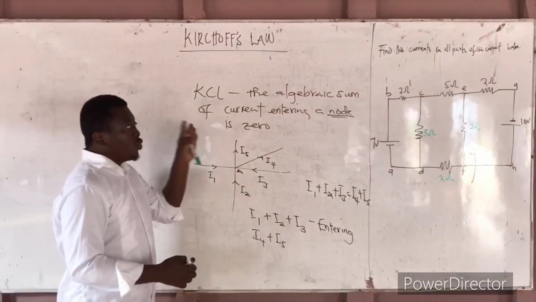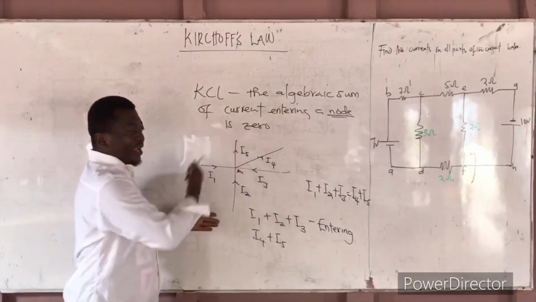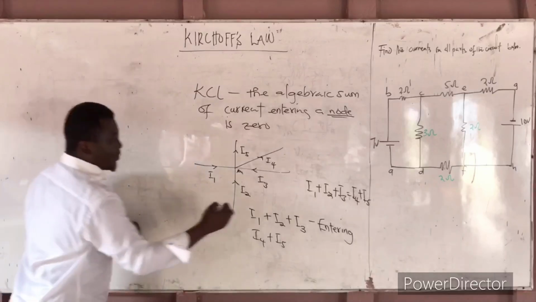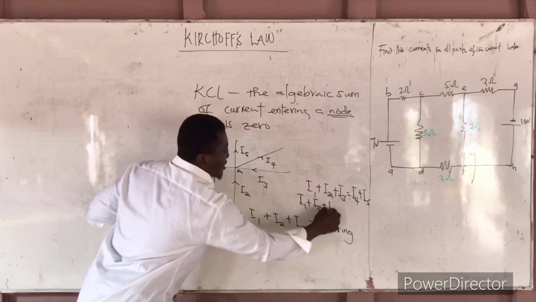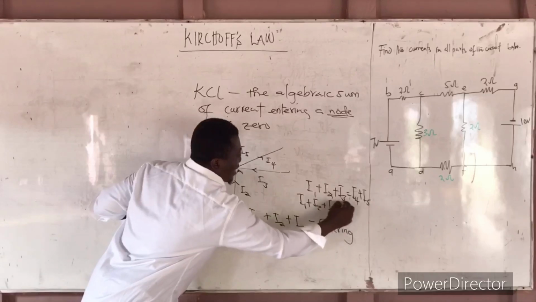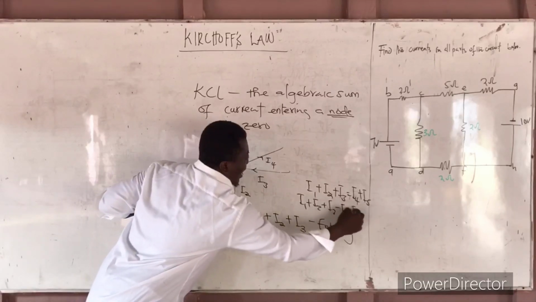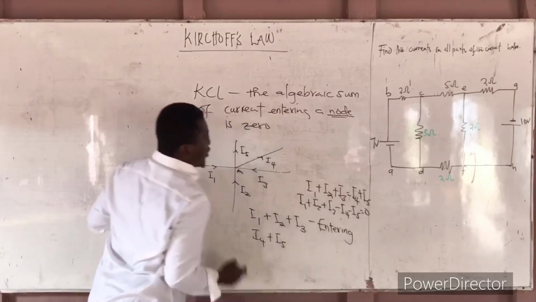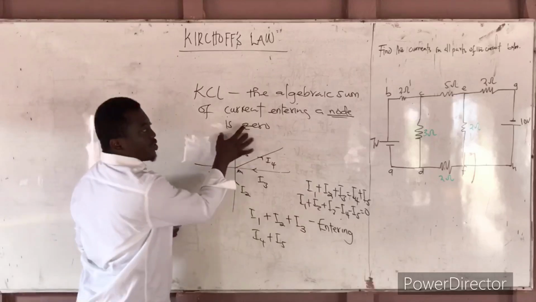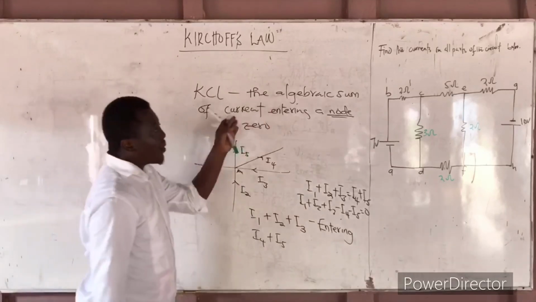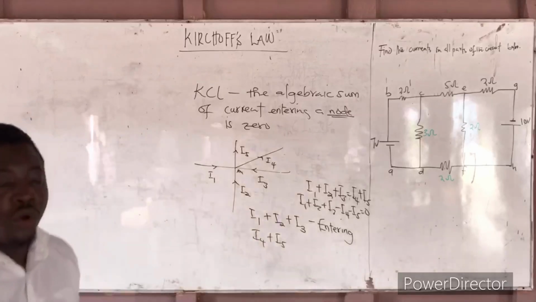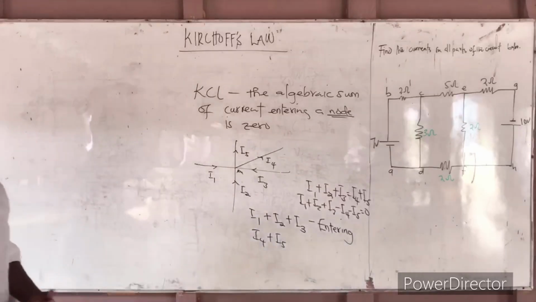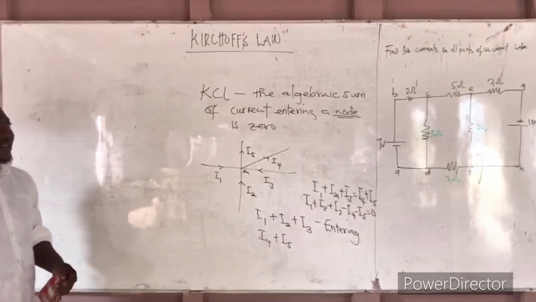If you want to use the other form, you just bring everything over so that it becomes I1 plus I2 plus I3 minus I4 minus I5 is equal to 0. That tallies with the law that the algebraic sum of current entering a node is 0. So that's basically what the KCL said.